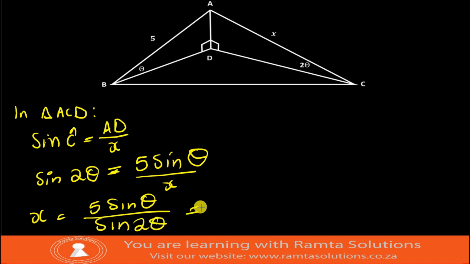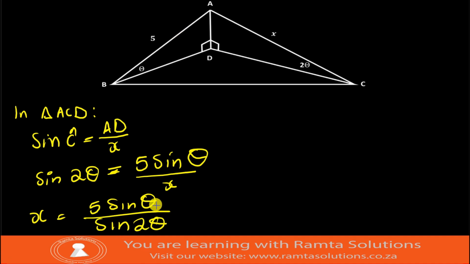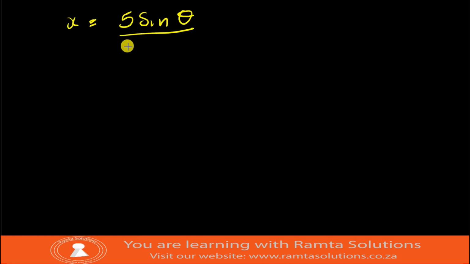Let me go to the next page. So we're saying x equals 5 sine theta over sine 2 theta, and you realize we have sine 2 theta. This is the double angle of sine, so it is 2 sine theta cos theta.